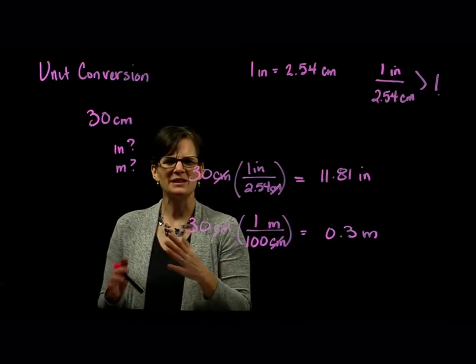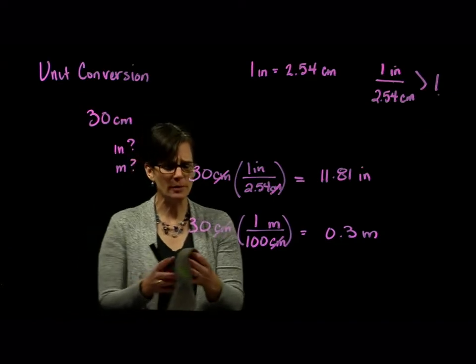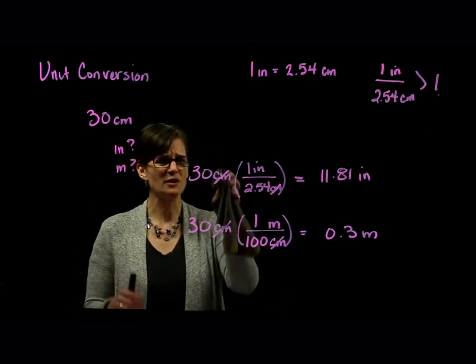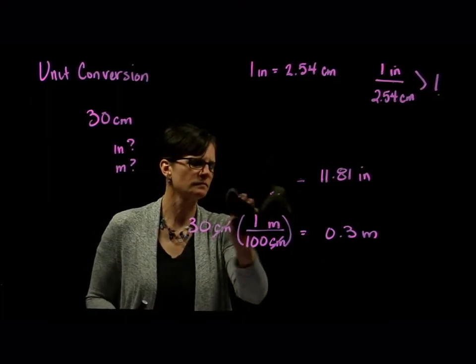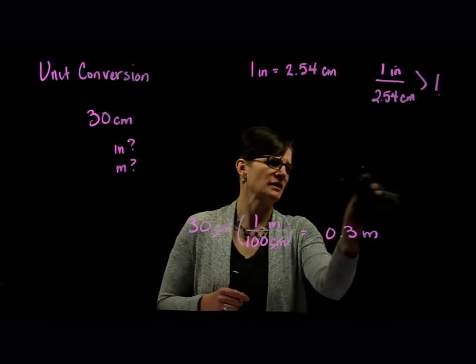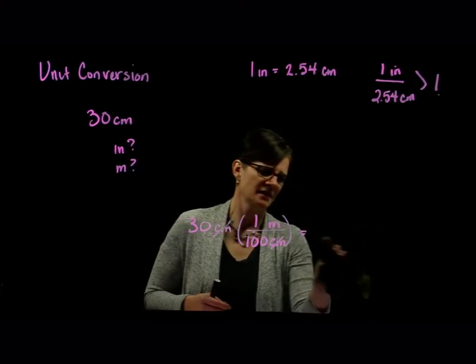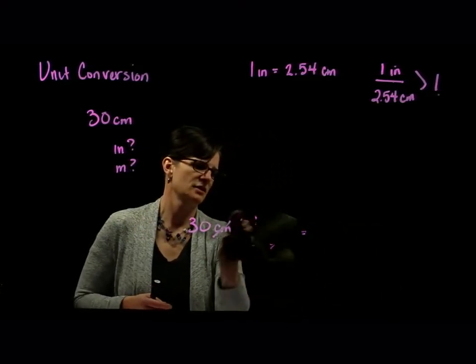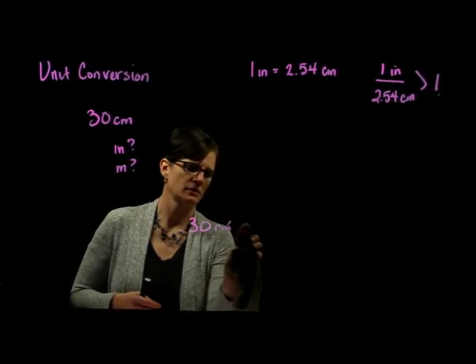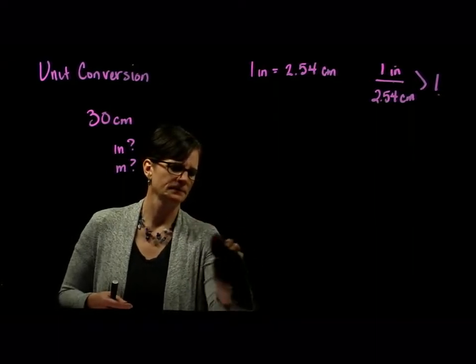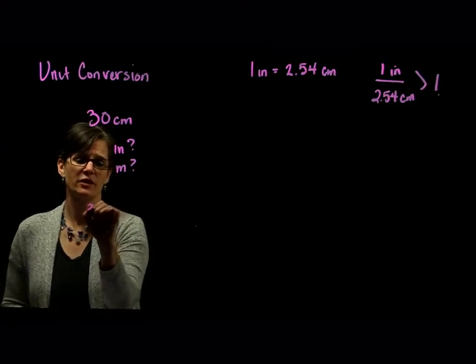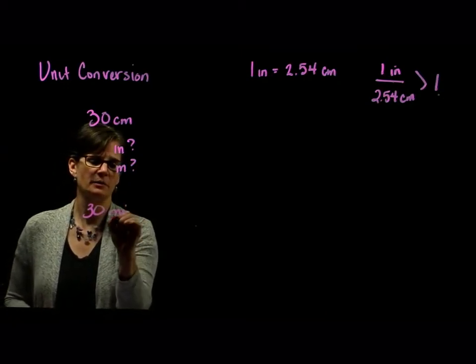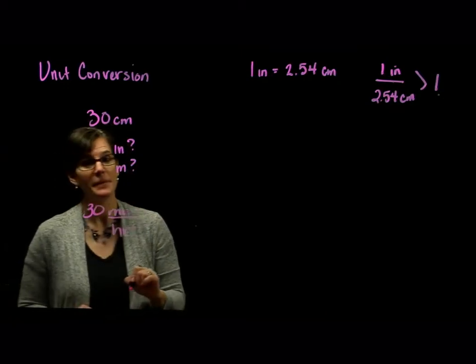on the bottom. So let's look at another example where it gets a little bit more complicated because we also have to consider what happens if our unit has a power. So let's do a more complicated example together. Imagine that I have a car that's going 30 miles per hour, so 30 mph.